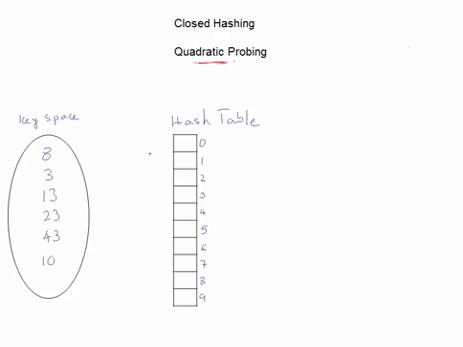Quadratic probing. This is the same as linear probing, where we take the hash function, and for this also we define a new function h dash of x. It is (h of x plus f of i) mod size.